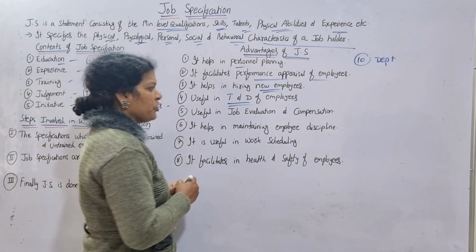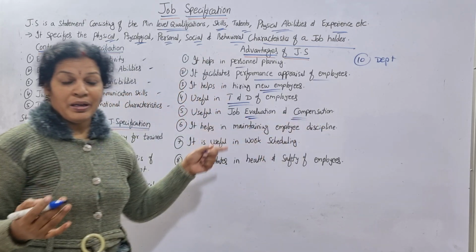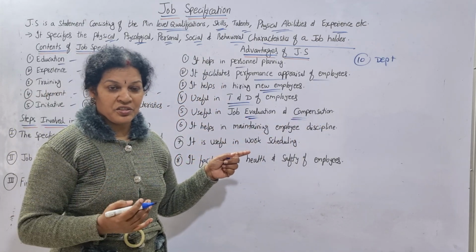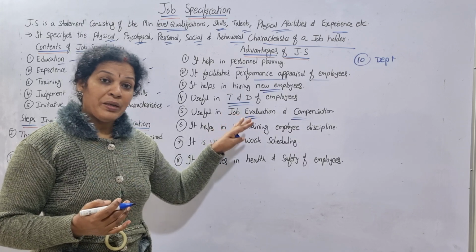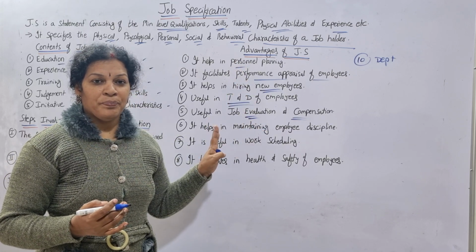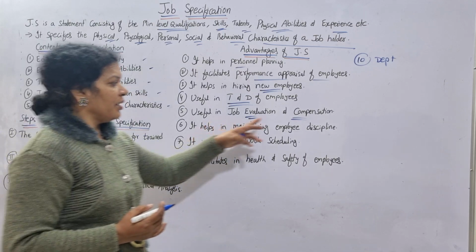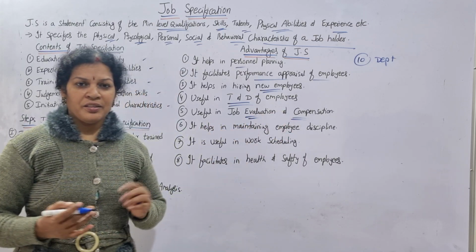Next, it is useful in job evaluation and also compensation. Job evaluation is a topic we are going to talk about in the next session. When we talk about job evaluation, this is definitely helpful, describing the entire job and work. And compensation, salary.